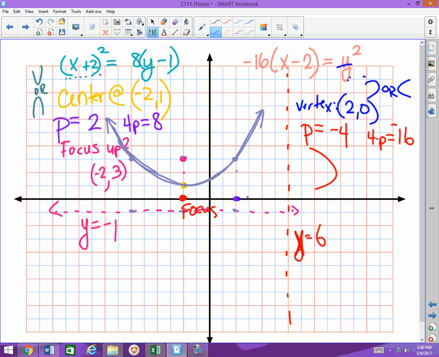That is 1, 2, 3, 4 away, and this is 1, 2, 3, 4 away, which means that's 8 total distance from here to here. Well, if you run 8, or this is 4 from there to there, and 4 from there to there. That's not right.